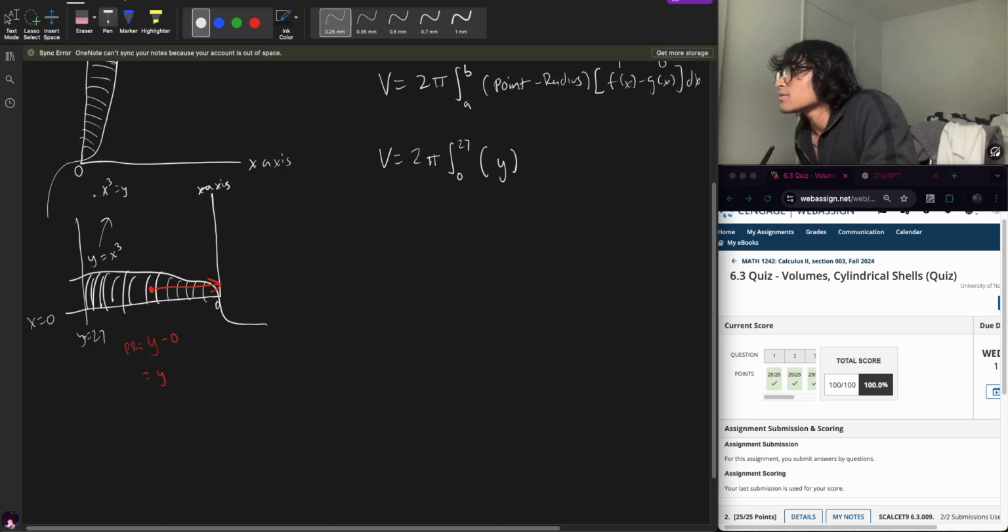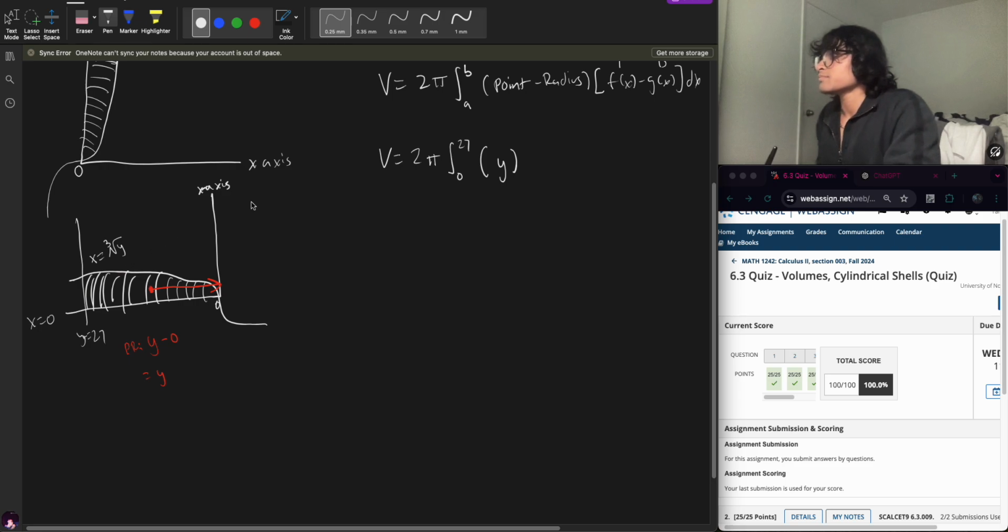And then if you want to get rid of this x cubed, you got to put a cube root on each side. So our final thing, this is going to turn into x equals the cube root of y.